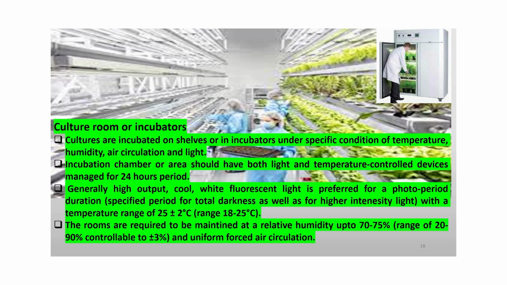The rooms are required to be maintained at a relative humidity of 70 to 75 percent, range of 20 to 90 percent, controllable to plus or minus 3 percent, and uniform forced air circulation. Proper and optimum aeration.